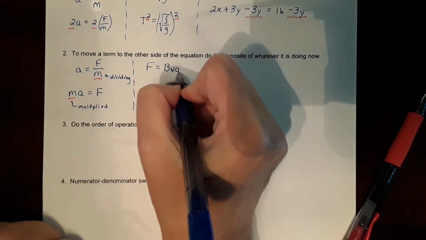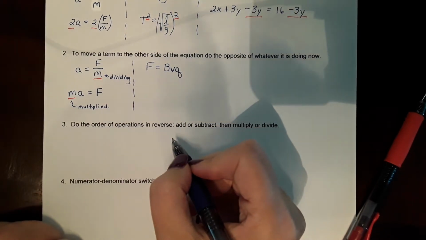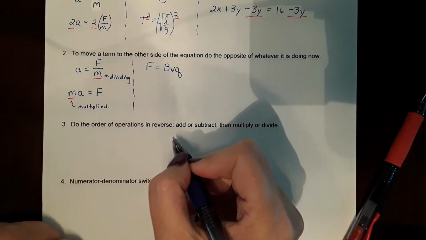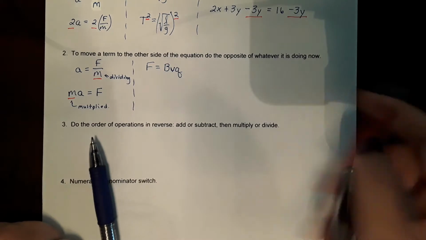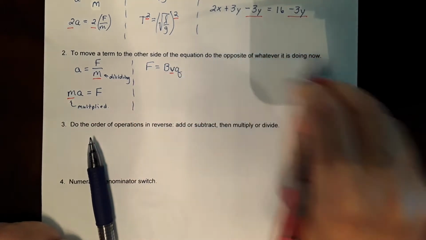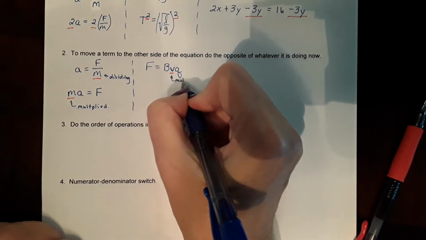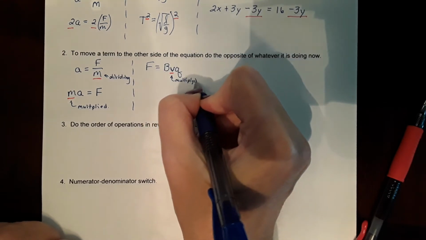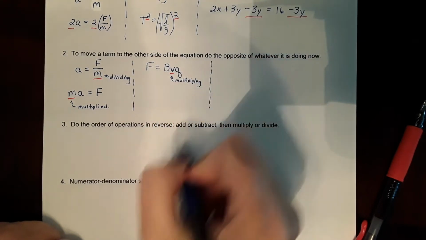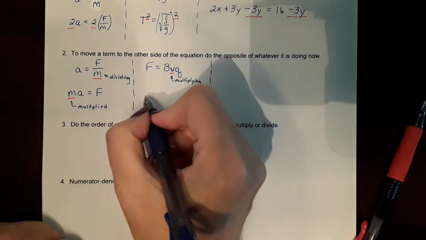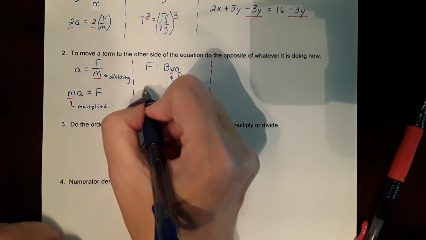This happens to be the formula for a charge moving through a magnetic field at some speed. And let's say we want to get the v to the other side. Well, right now we are multiplying by the v. Okay? So to get it to the other side, we have to do the opposite, which is divide.